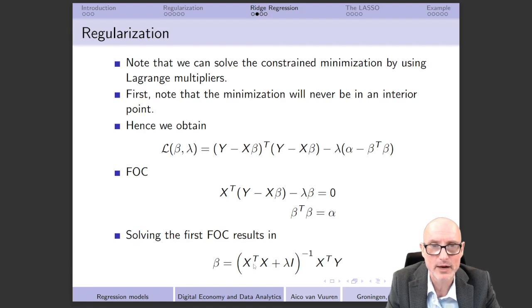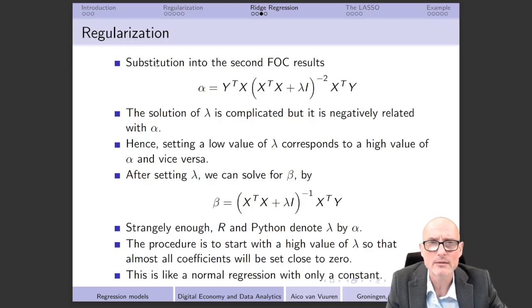But one thing we still have to ask ourselves is, how are we going to solve for lambda in this case? Essentially that is quite simple. What we have to do is substitute this beta into the second first order condition. If I do that, I get this relationship.